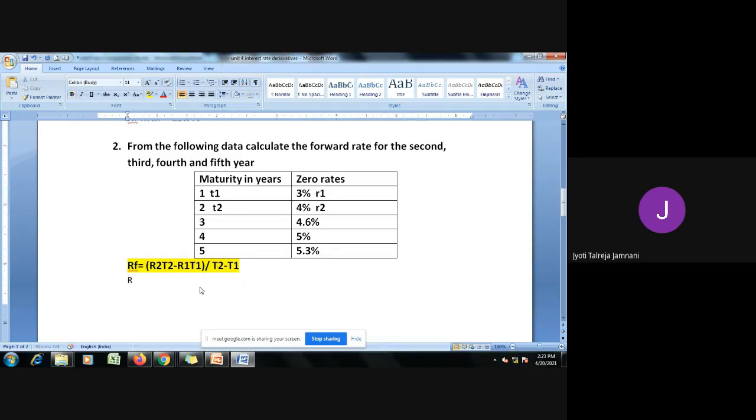Okay, so RF for second year we're doing is equal to 4% into 2 minus 3% into 1, the whole divided by second year minus first year. So 2 minus 1.